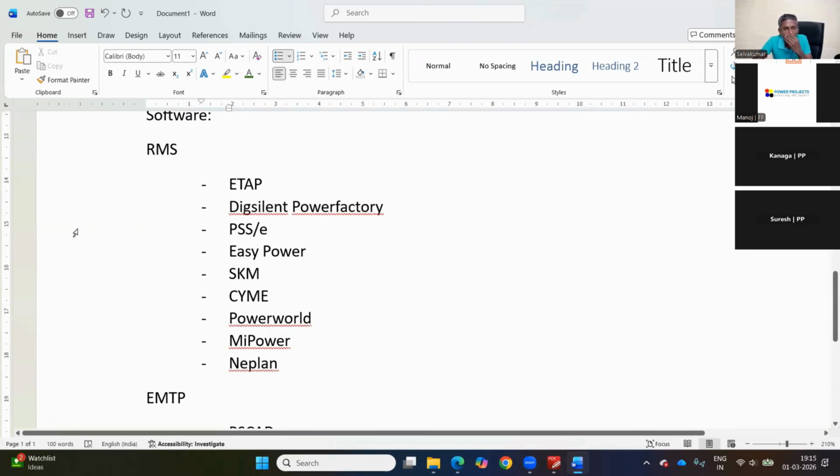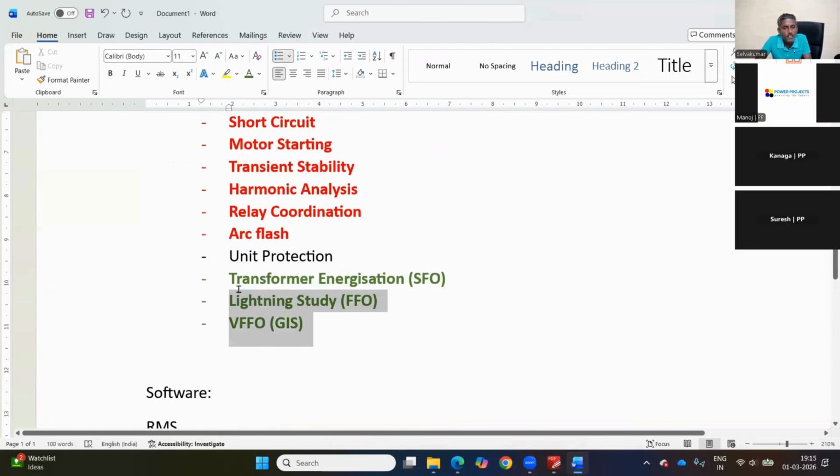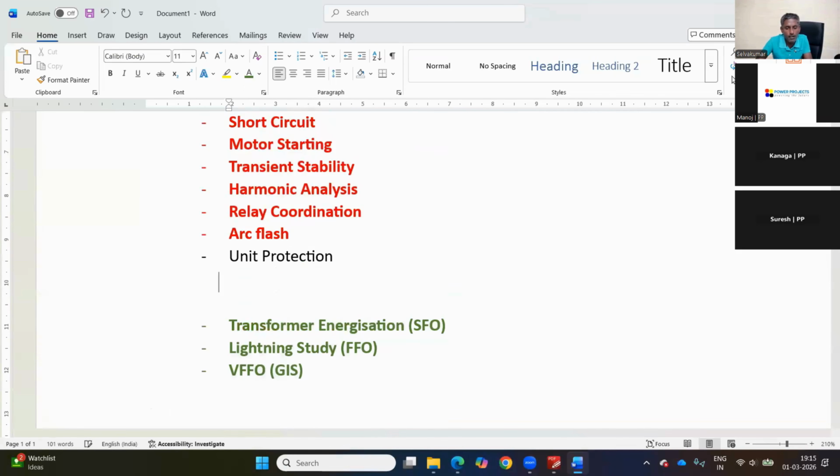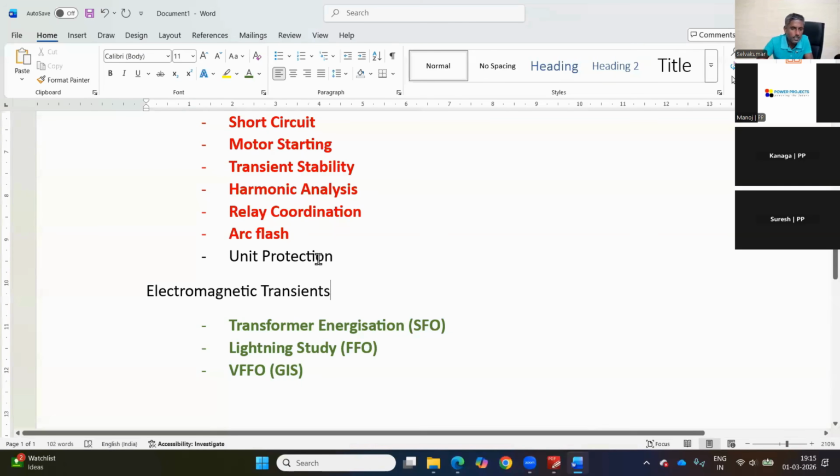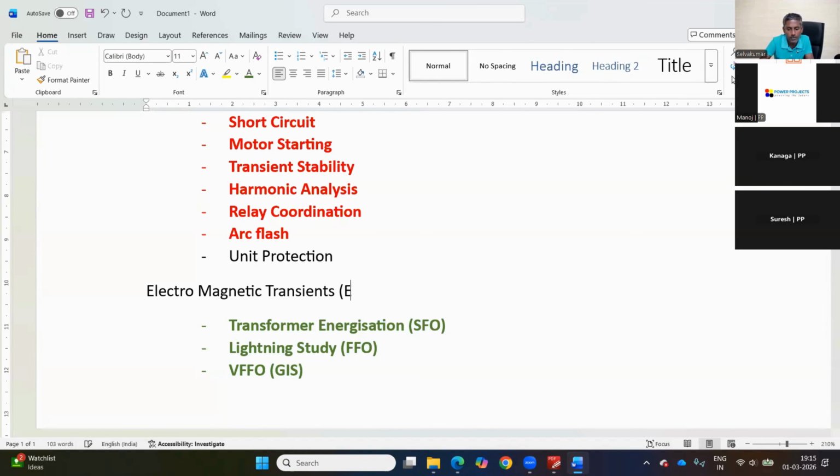Right. So what is here in green is basically called electromagnetic transients. So if we want to make this EMT, we can make it as an EMT.